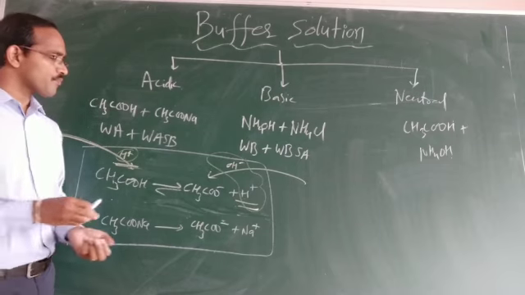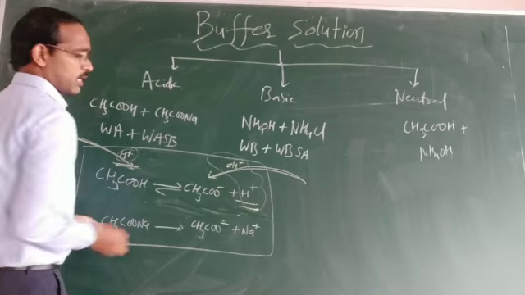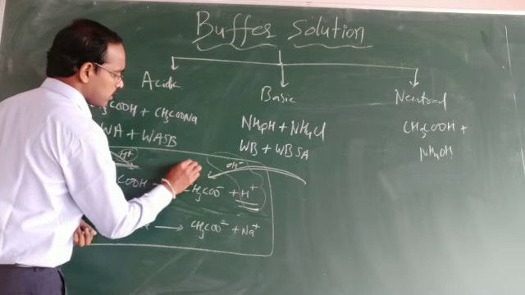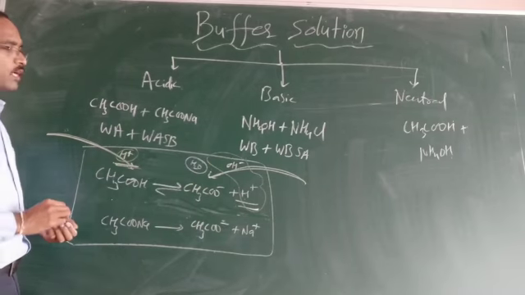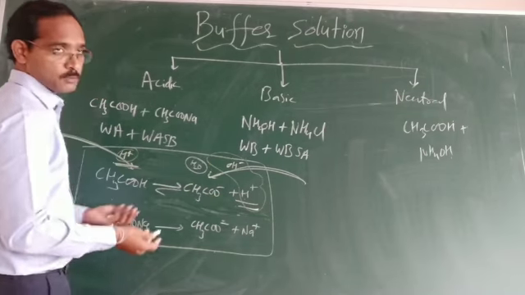Similarly, if you add a small amount of base, that means OH minus ion, this OH minus ion and H plus combine and form a water molecule. You may get a doubt, sir, H plus ions are being consumed, so will there be some variation in H plus ions? No, because it is reaching equilibrium. Same example: earlier 100 H plus ions were there.